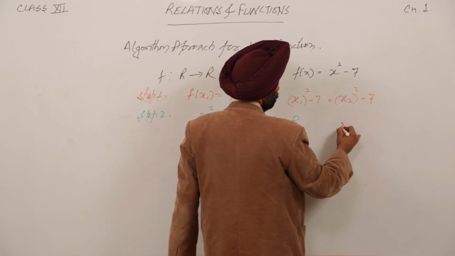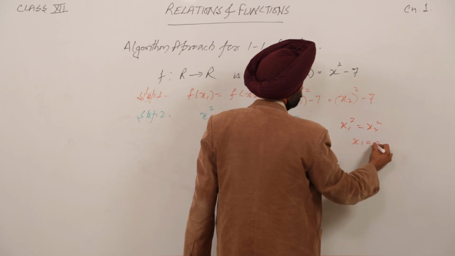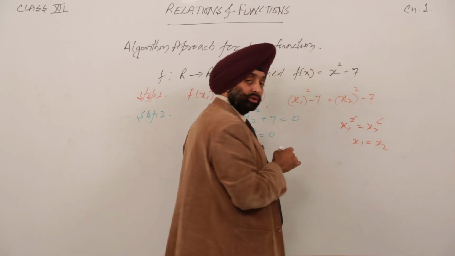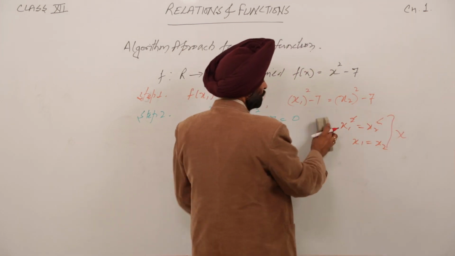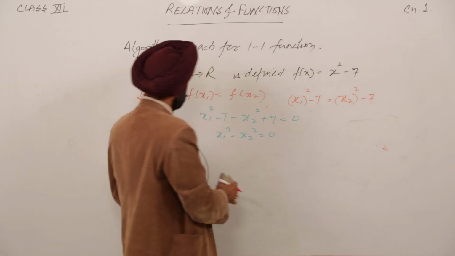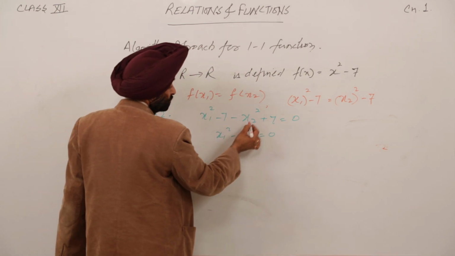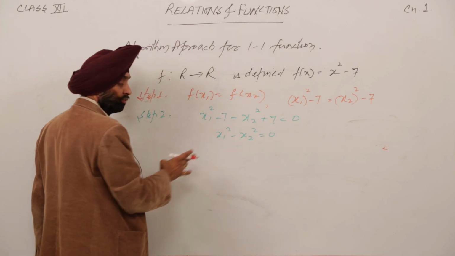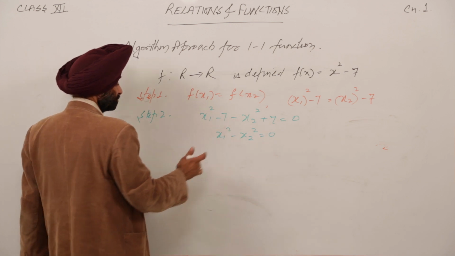What you do is write x1 square is equal to x2 square, then therefore x1 is equal to x2, because the 2 and 2 cancel. No, that is a wrong method. Never do this. That's why I have written it in this manner: x1 square minus 7 minus x2 square plus 7 is equal to 0, and now we get x1 square minus x2 square is equal to 0.